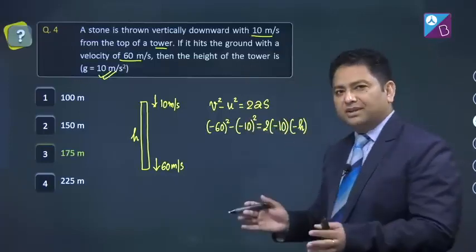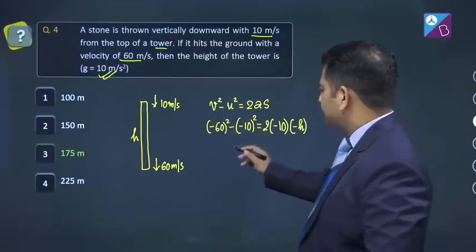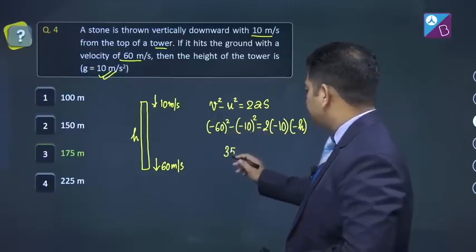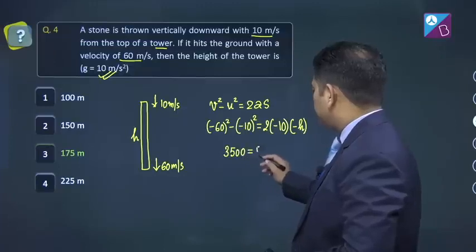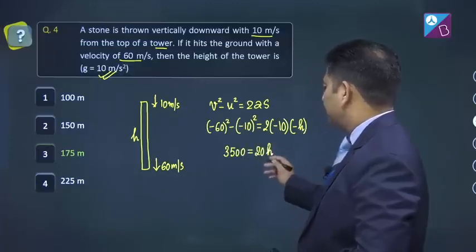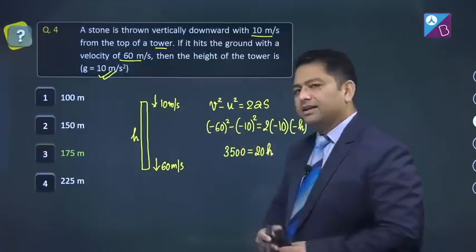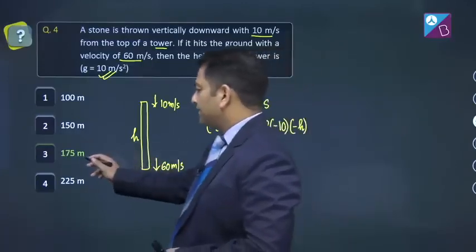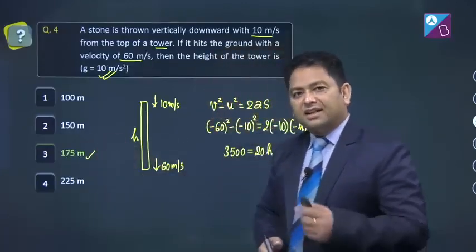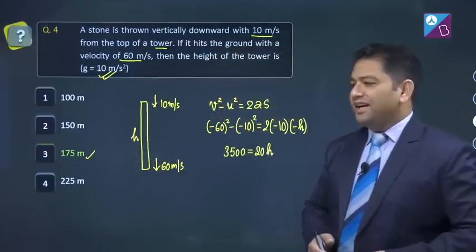Now see, it's so simple. 3600 minus 100, that is 3500 equals to 20 multiplied by h, यानी h की जो value है, that will be 175 meter.